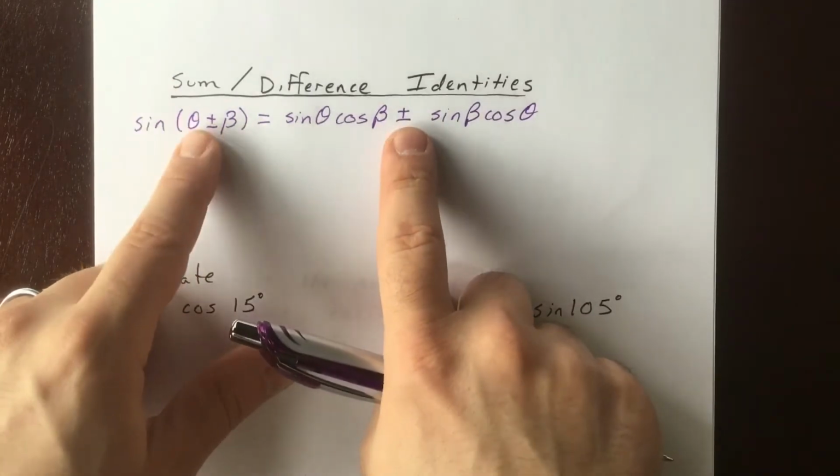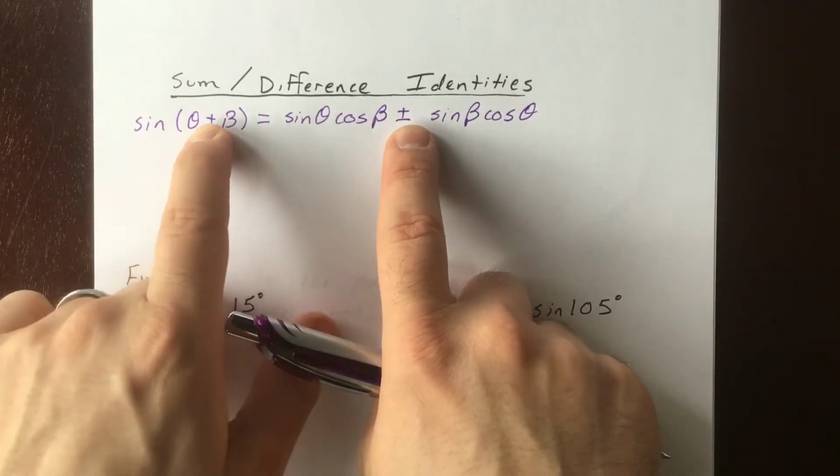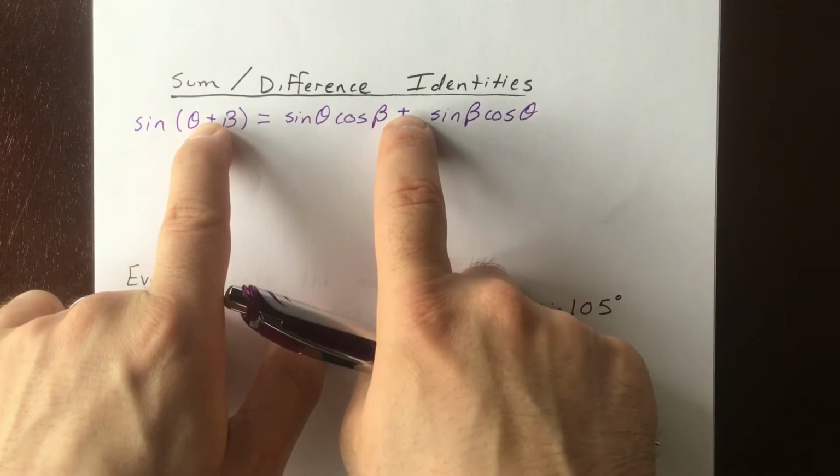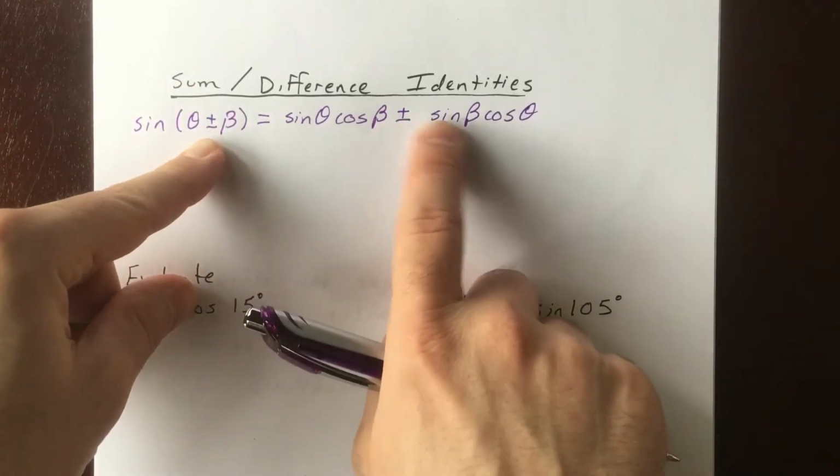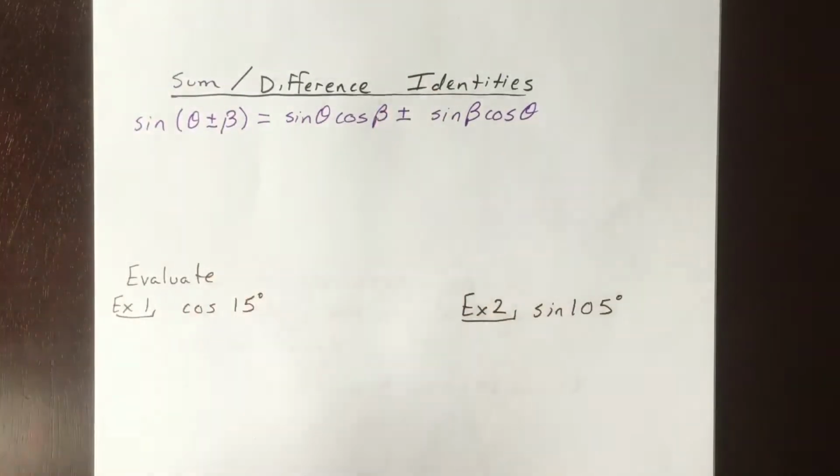With this sine identity, if I'm adding the two angles, I'll be adding these two pieces. If I'm subtracting, I will be subtracting these two pieces. That's what the plus minus means and how they're organized.